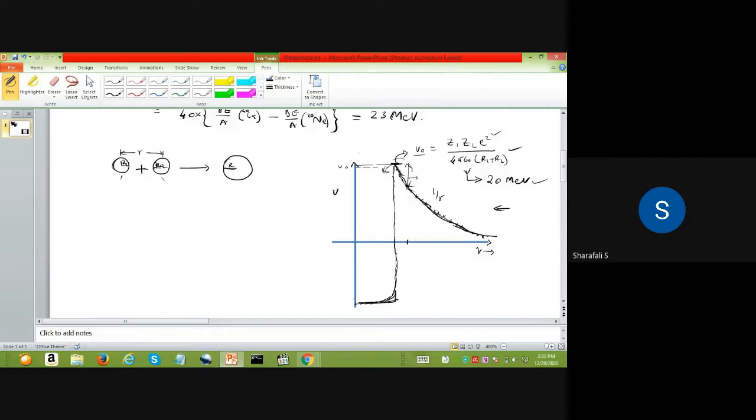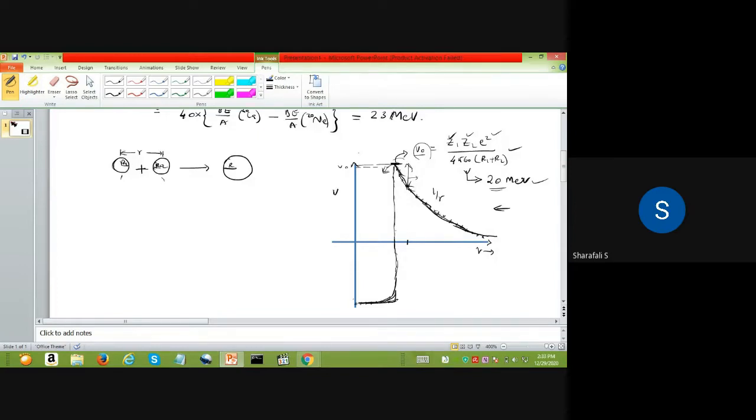But if you analyze this, if you reduce this Z1 and Z2, you can reduce this V0, right? Because Z1 and Z2 are in the numerator. So if you have very light nuclei, then this barrier will have a very small value. That is obvious.